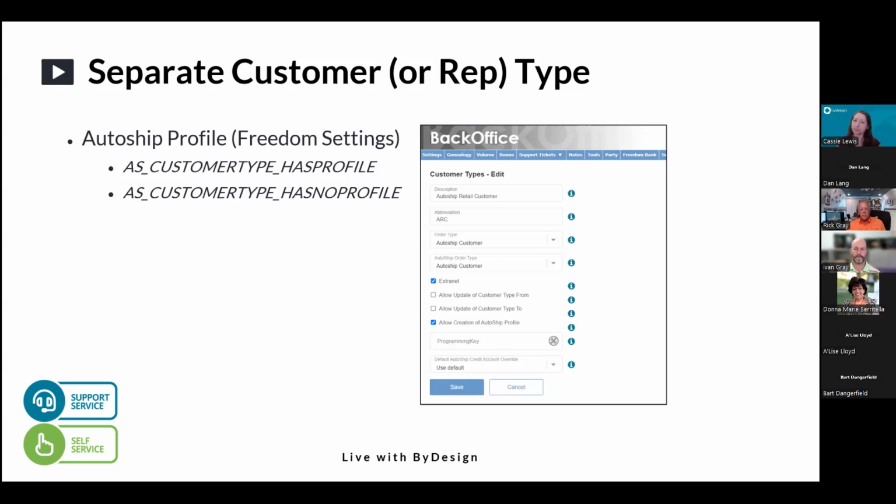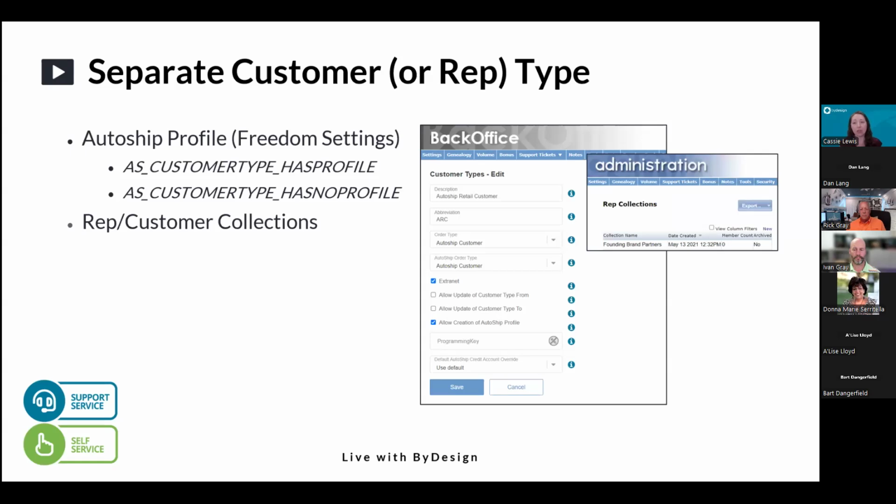If that's not a good option for you, maybe you're already using auto ship, another way to do it is through what we call collections. So you can have rep collections and customer collections. Essentially, this is going to allow you to manually dictate a group of reps or customers that would belong in a collection.